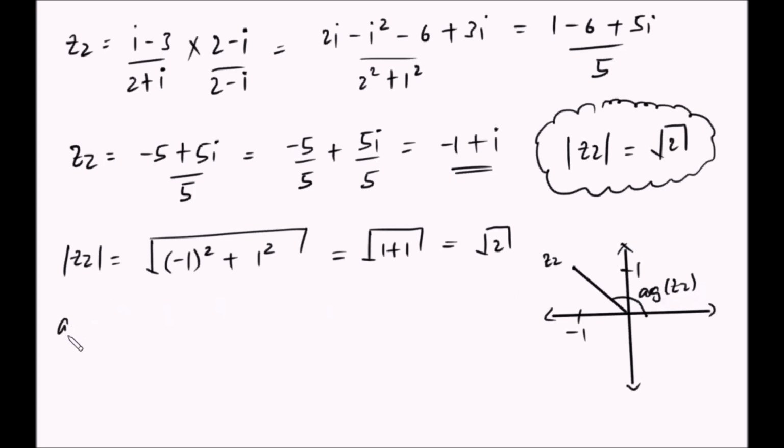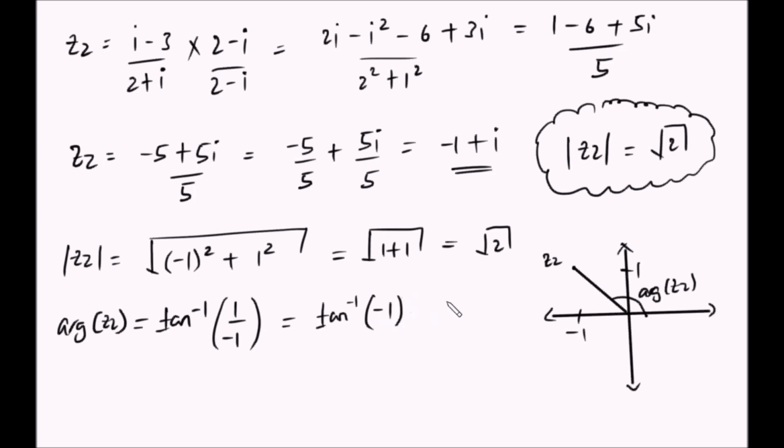So the argument now of z2 is just the arctan of the imaginary part, which is 1, over the real part, -1. So what do I get here? I get an inverse tan of -1.